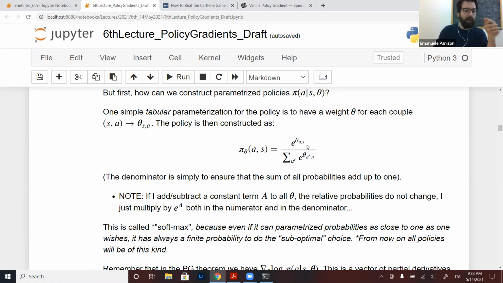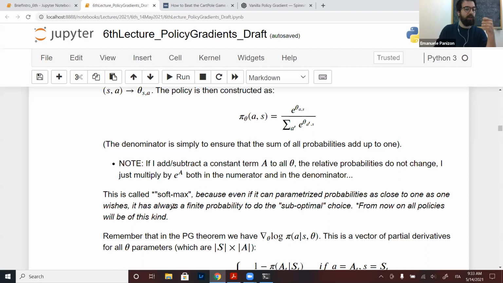Above, you will have e to the theta plus a, which means e to the theta times e to the a, it's a product. On the denominator, you will have the same thing, e to the other theta times e to the a. So all the e to the a terms will cancel out. So if you add a constant term to the weights, the relative probabilities do not change. This is helpful sometimes because dealing with exponentials can create numerical problems.